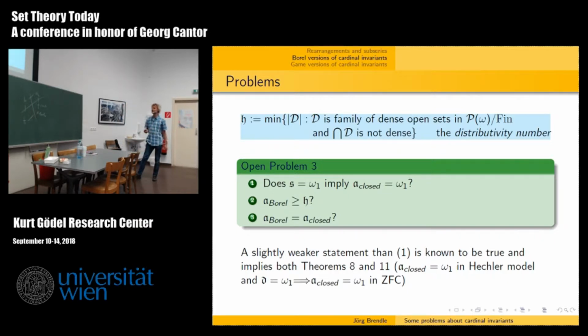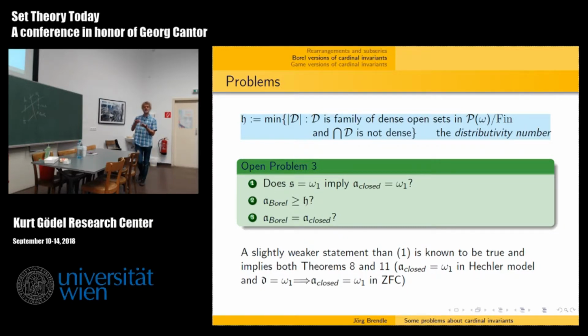That's enough to get a_closed = omega 1, and we discovered that only later, but that's used in two of the theorems I discussed before, namely the proof that a_closed is Aleph 1 in the Hechler model, and also the proof that d = omega 1 implies a_closed is Aleph 1.